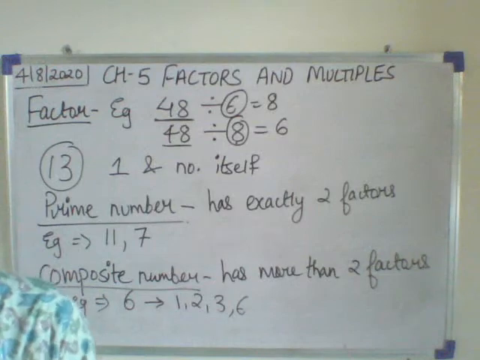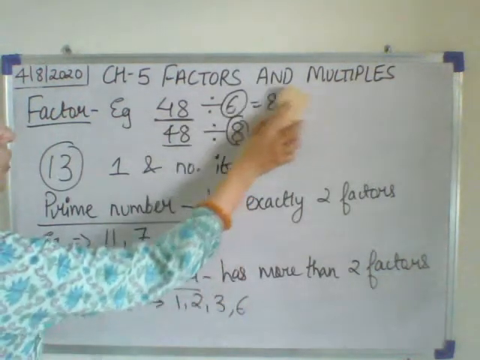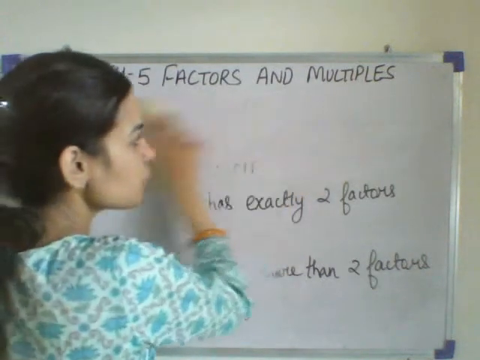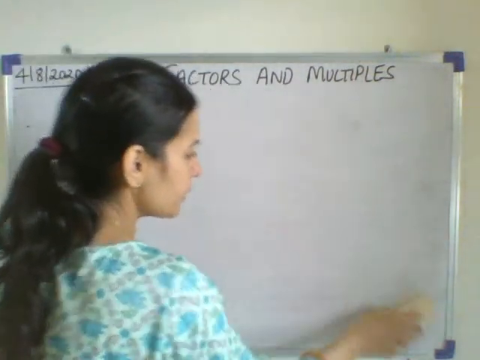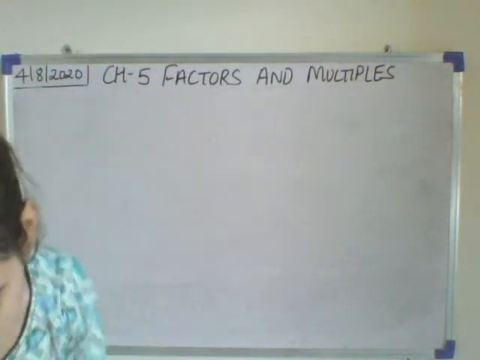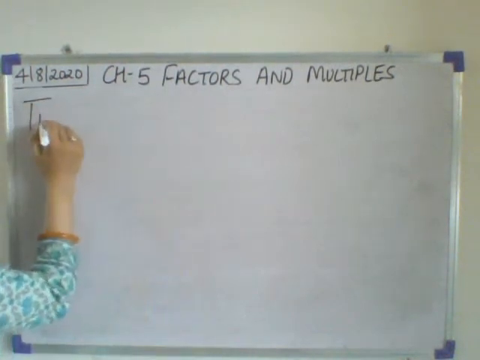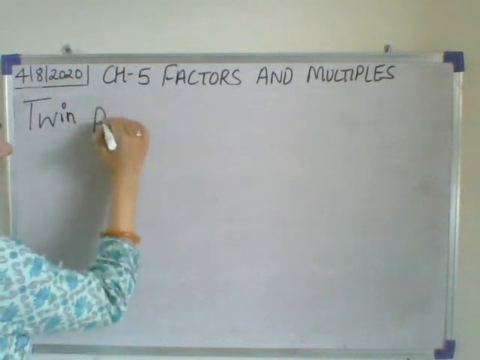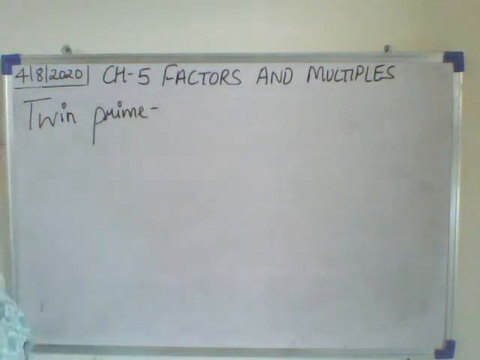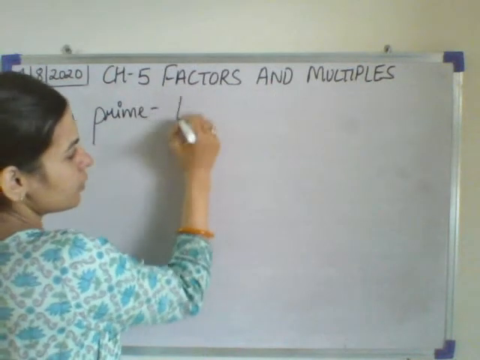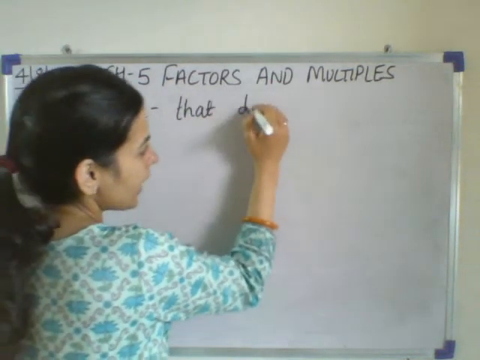Next come the twin primes. What are twin primes? A prime number, you all know, has two factors, 1 and the number itself. Now, what are twins? Two in number. So twin primes are prime numbers that differ by 2.